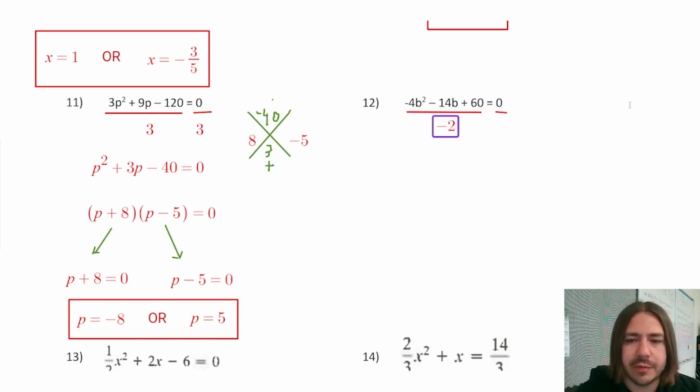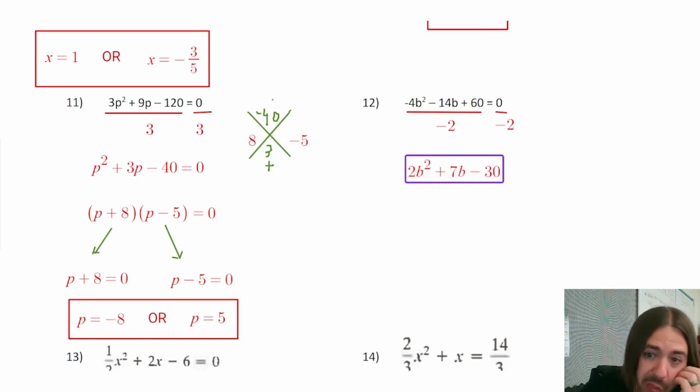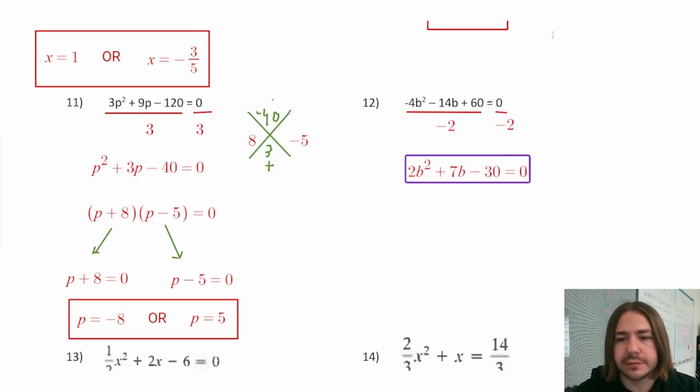So I'm going to divide everything by negative 2. I'm going to force that leading coefficient. If I can't get it to be 1, I want it to at least be positive. And try to make it as small as I can. So now I've got positive 2b squared plus 7b minus 30 equals 0.